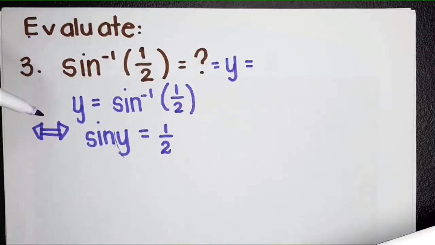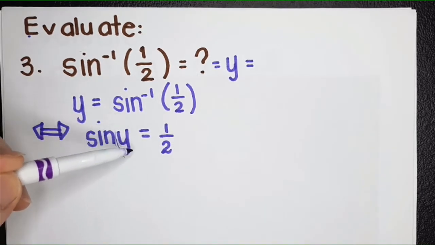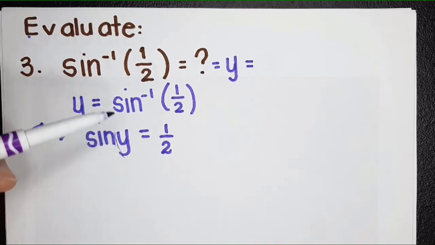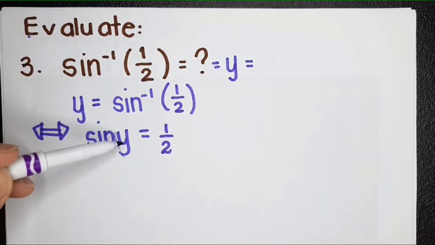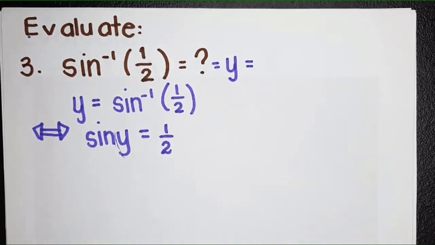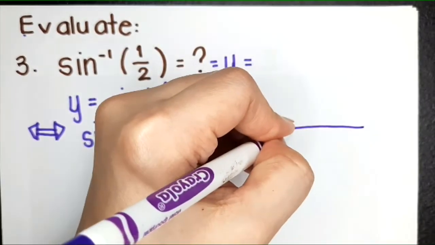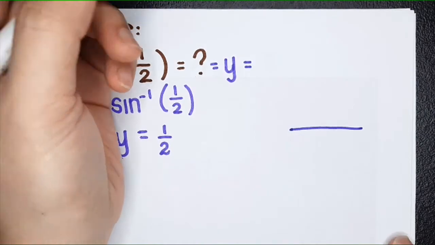Okay? So, let's go back to our example. Ano nang value ni y, or anong angle measure ni y para kapag kinuha ko yung sine niya, ang sagot 1/2? Ang ginagawa ni teacher palagi, gagawa ako palagi ng triangle na 30, 60, 90.